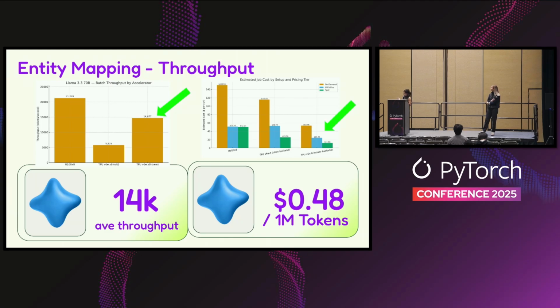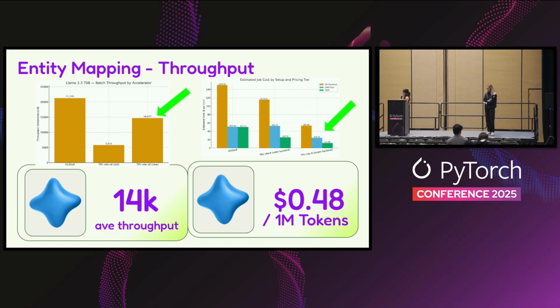So looking at the results, we found that the Trillium TPUs yielded about 14K tokens per second as an average throughput over our data set. And now with this new TPU backend, we're saturating the TPU, and that remaining speed gap between TPUs and H100s is hardware driven.